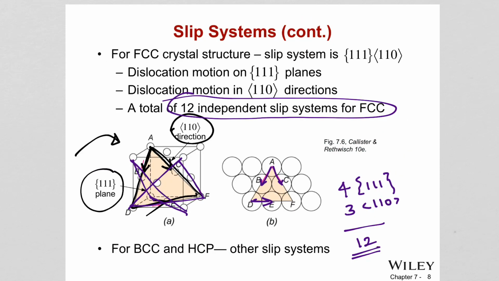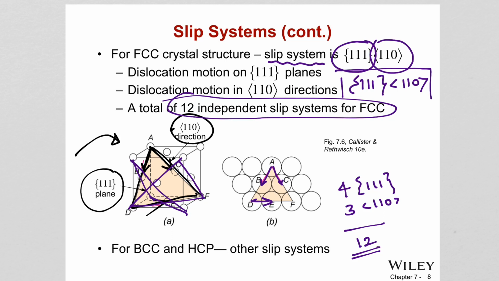So you can see how they define the slip system. It is the plane and the direction. So if you say 111 and 110, this is the definition of the slip system in the FCC structure, and by combination, we have 12 possible slip systems in the FCC structure.